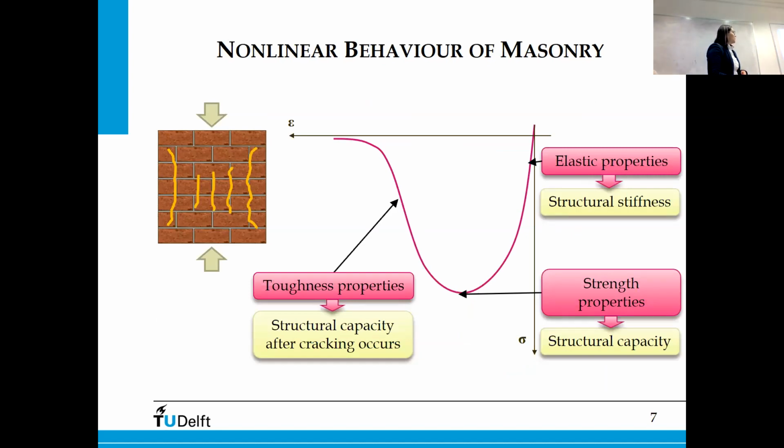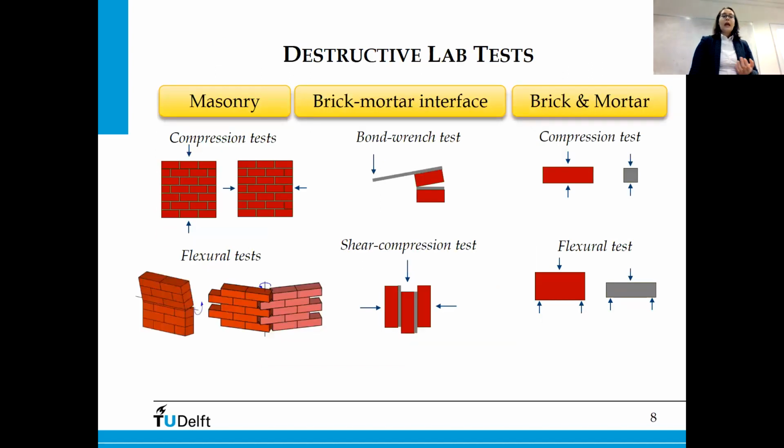So just a small reminder here, when we characterize this nonlinear behavior, we need to actually have elastic properties, strength properties, and toughness properties. And the latter are the important ones when we want to understand the residual capacity of a damaged structure.